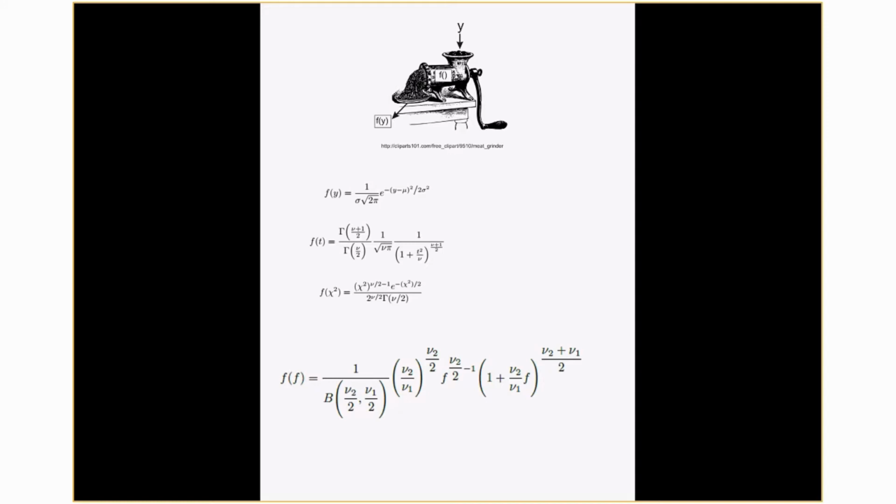So if we think about a sampling distribution for the F distribution, recall that a sampling distribution is going to consist of all possible values of F, which is equal to S1 squared over S2 squared times sigma squared 2 over sigma squared 1, when N1 is equal to 5 and N2 is equal to 16.